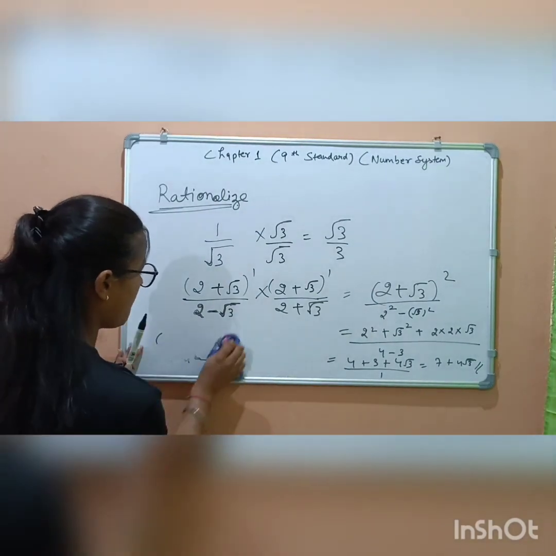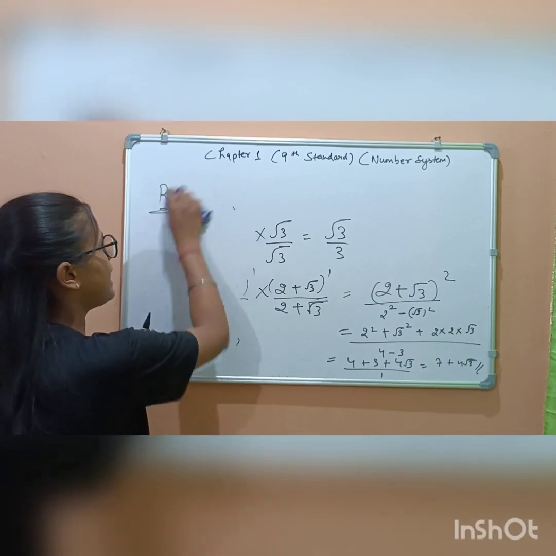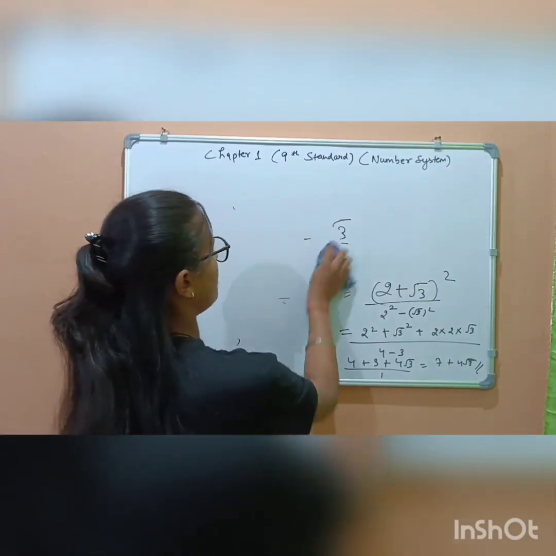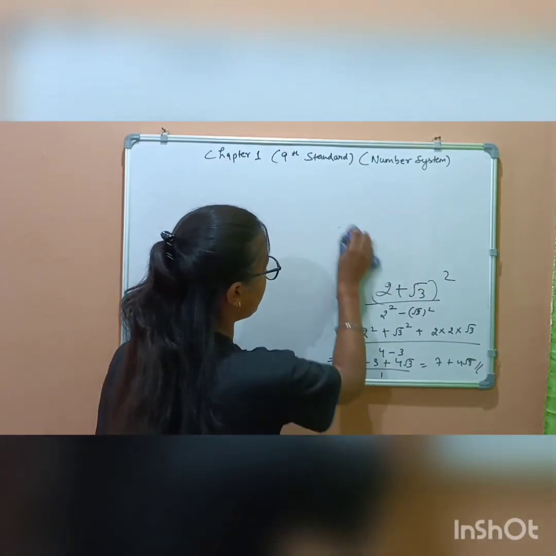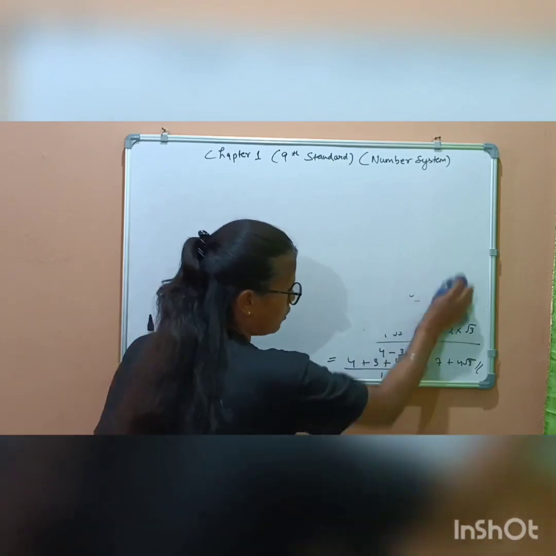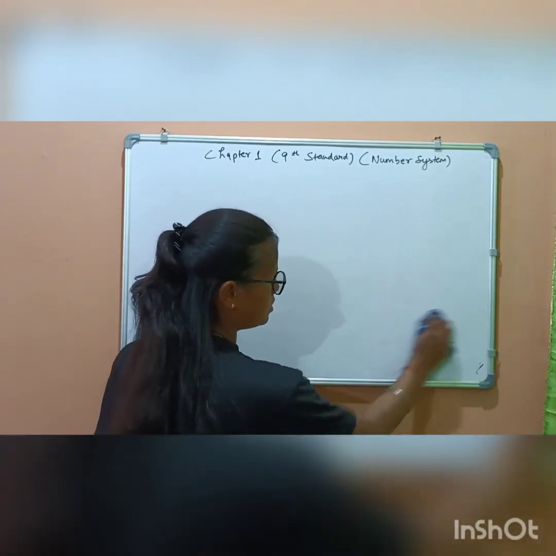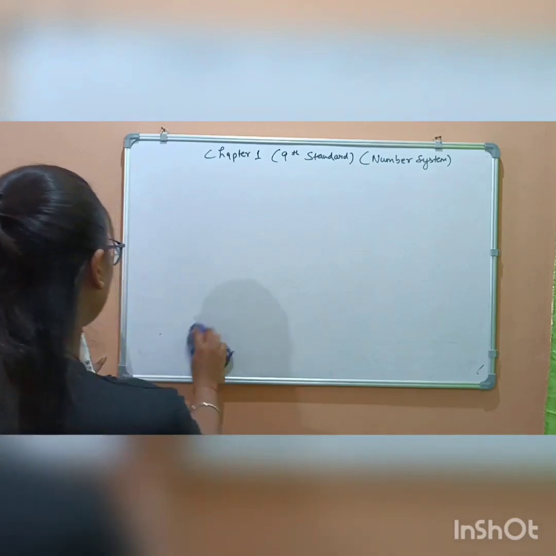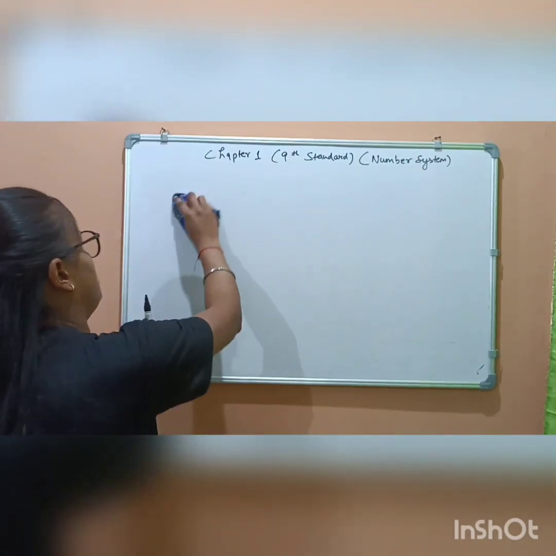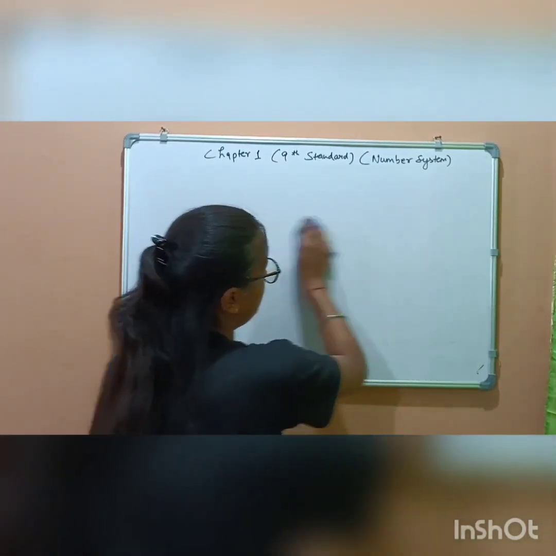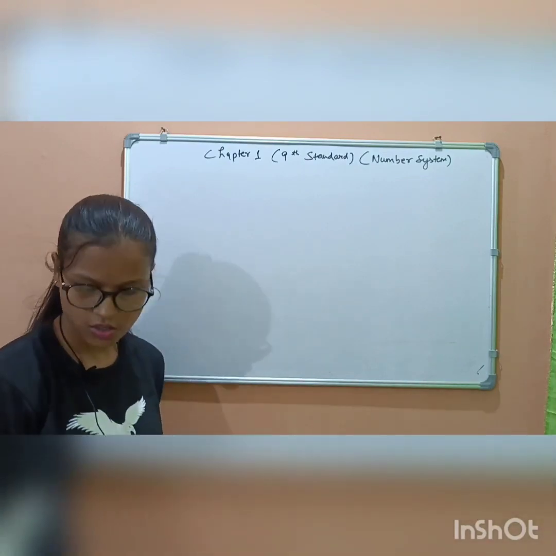These types of simple and easy things are here in the very first chapter of the 9th standard, in number system. You have to be very clear of these types of things.